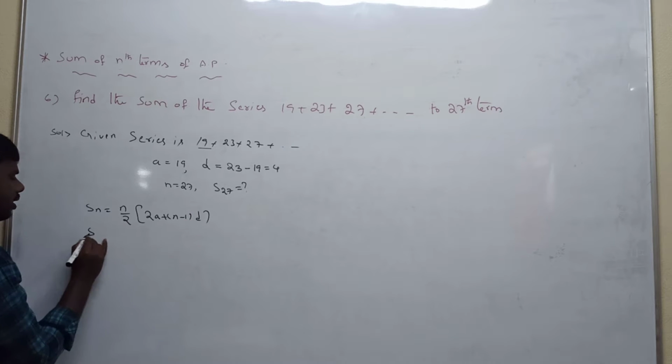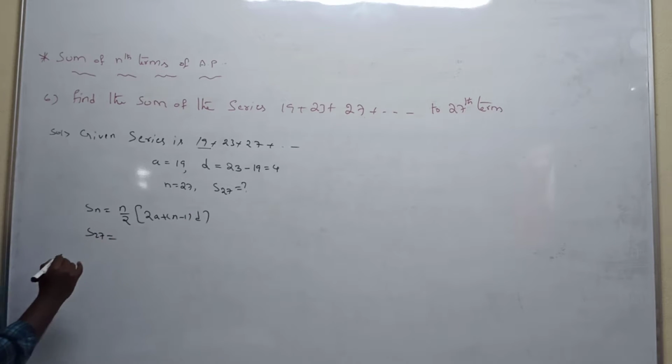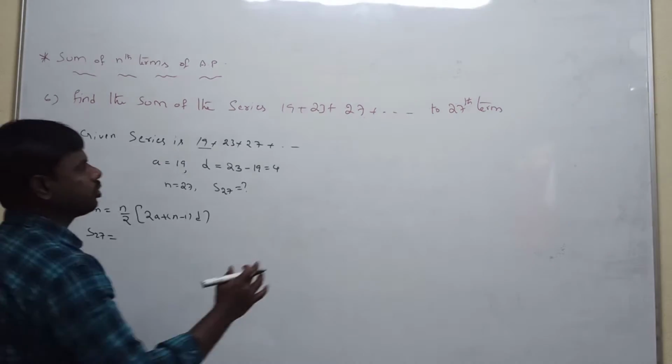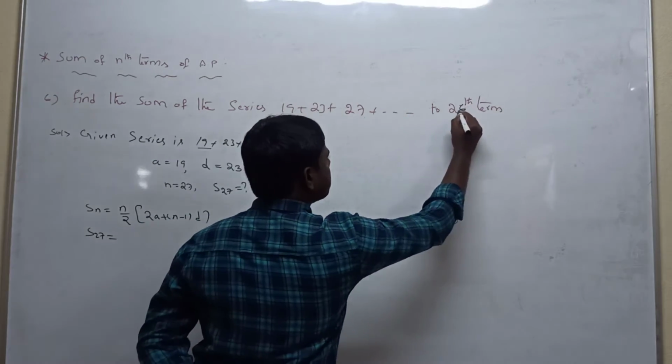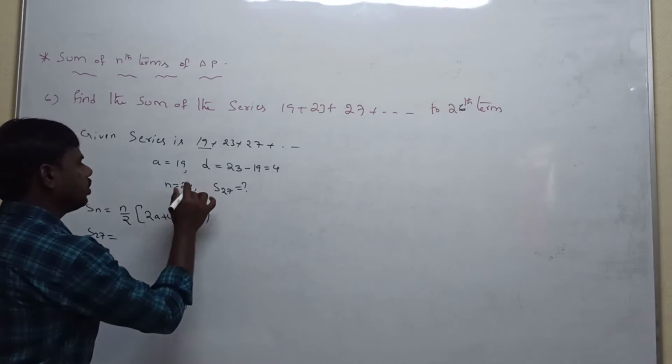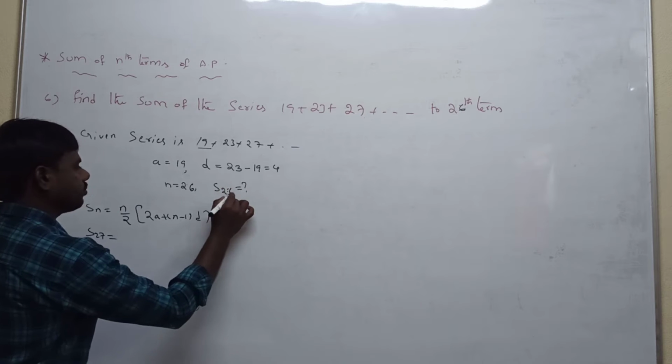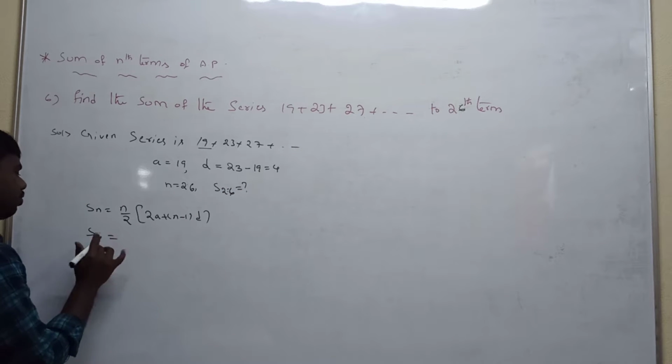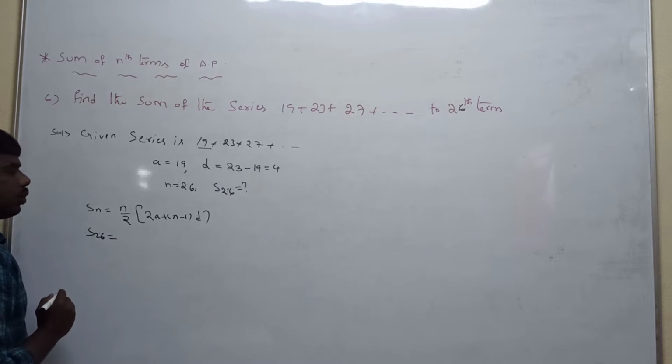To calculate the sum of 27 terms, not 27th term, 26th term. So n value is 26.